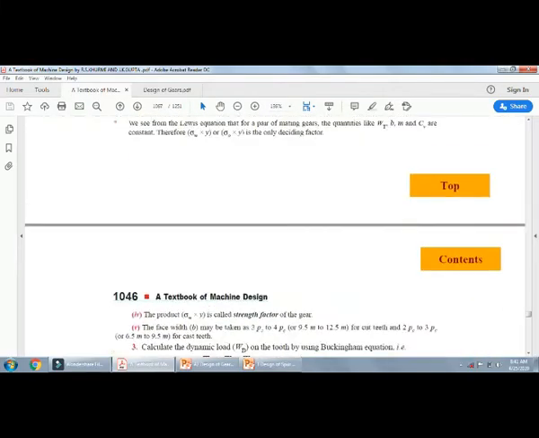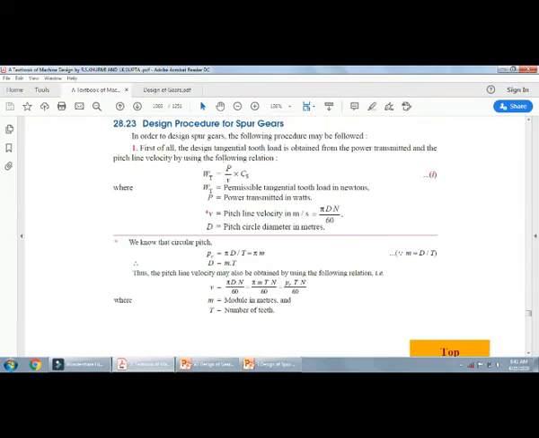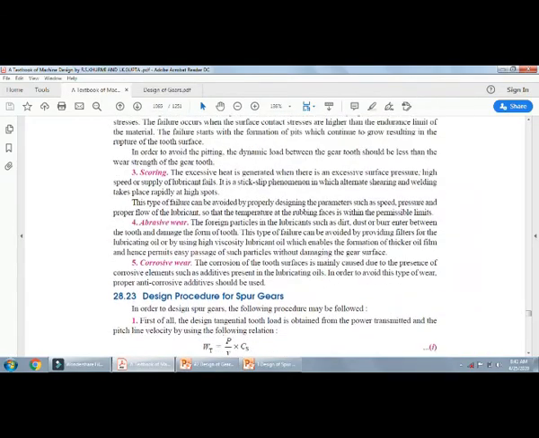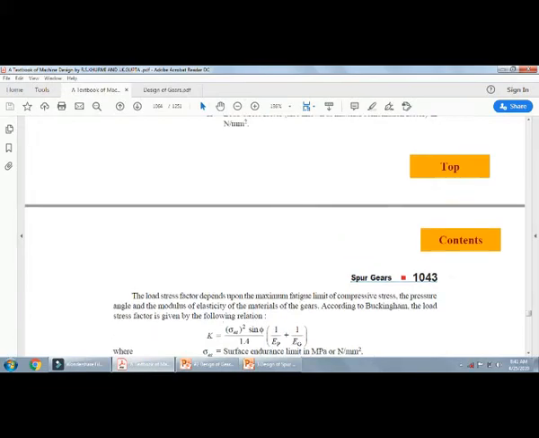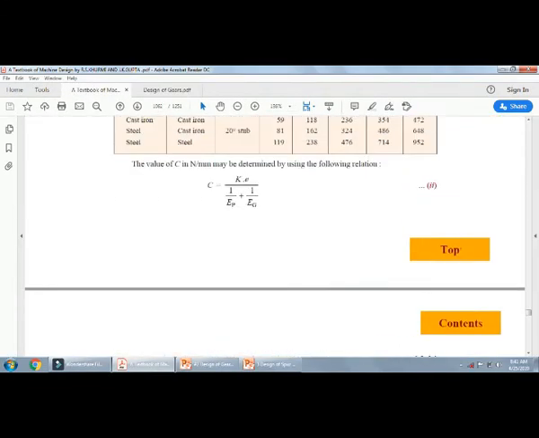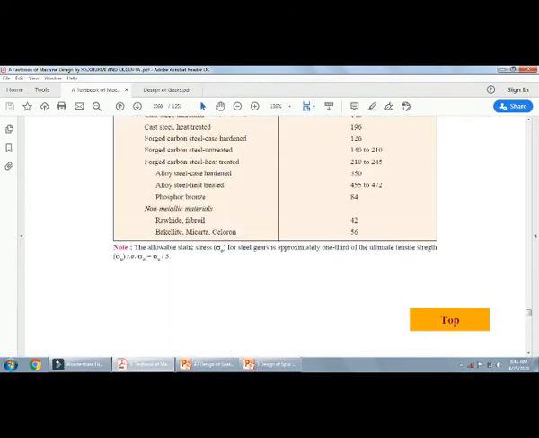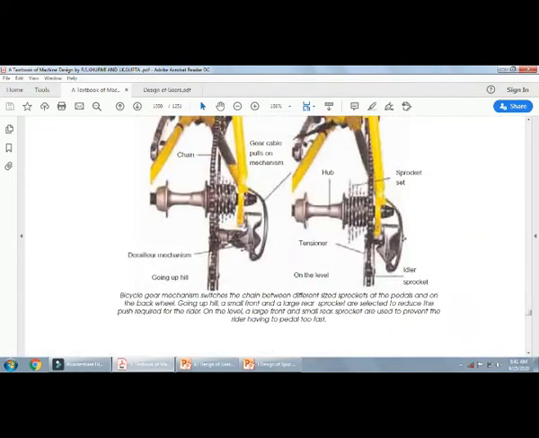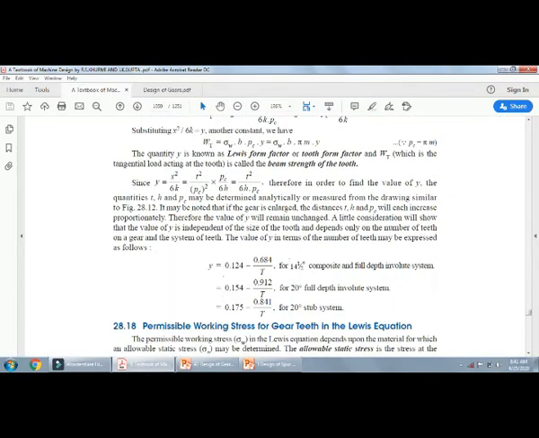the values given in our design procedure. Just a minute, I want to clarify from where we will pick up the value y. So, here this y may be selected from these three values depending upon the gear system.